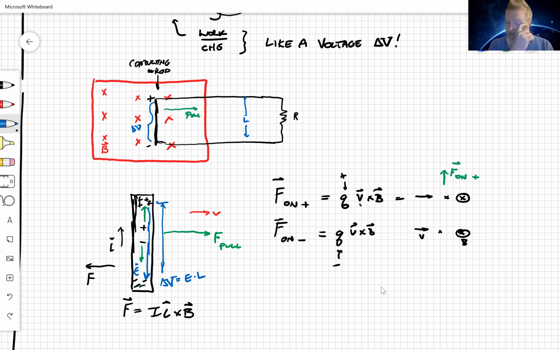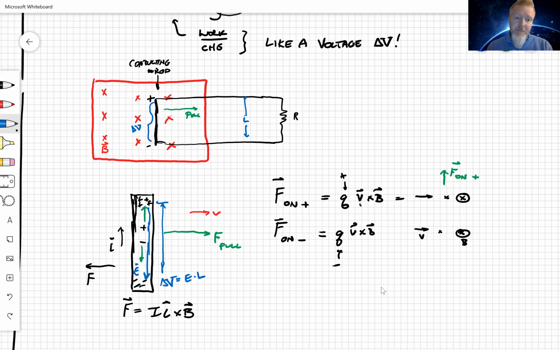Okay, so what would be the voltage in terms of the B field? I have no way of measuring that E field. Well, when I pull a rod through crossed fields, that electric field starts to resist the motion of the positive charges upwards and the negative charges downwards, encouraging them to go back the other way.